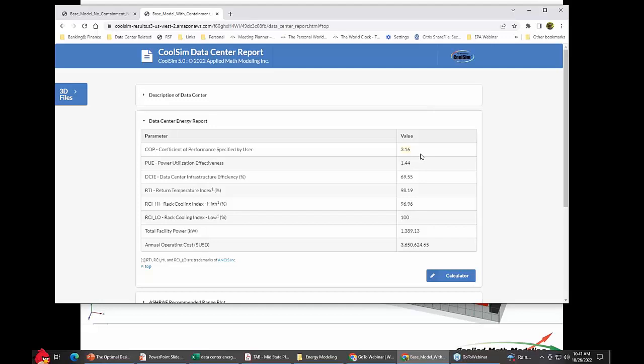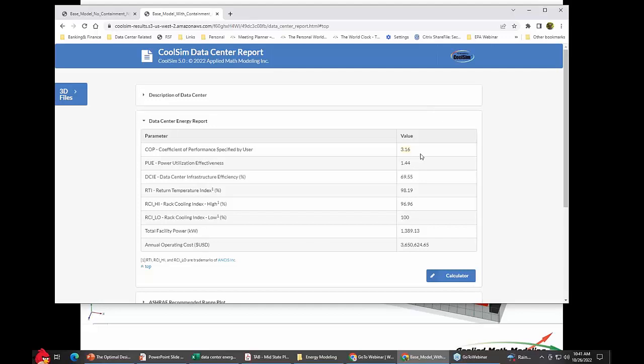So COP is a number that, for purposes of this analysis, this methodology that I'm teaching you today, is a hand calc. Over time, we're going to implement into the software the ability for that to be a machine calc done in CoolSim based on locality and other factors. But it can get complicated because the pumps are variable speed, the fans are variable speed.